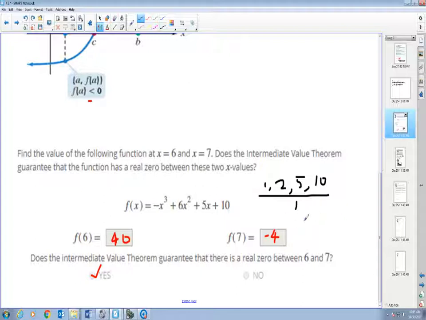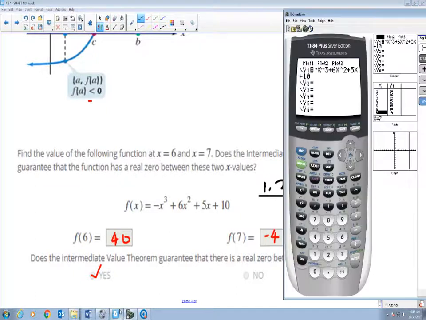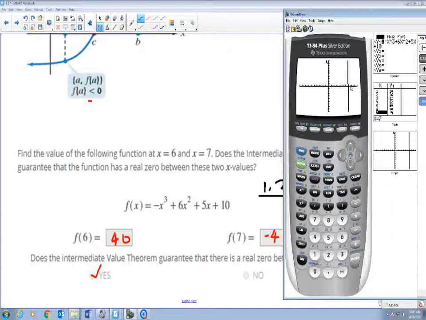So if you really look at it, since the denominator is 1, all the potential rational zeros have to be integers. But then when we graphed it, we find there's a potential zero that is between 6 and 7.